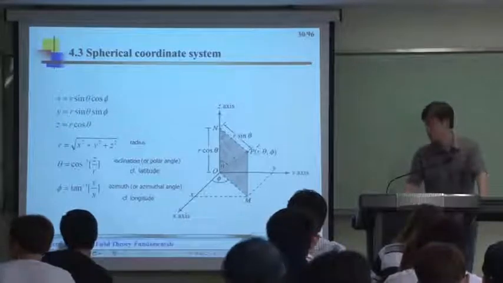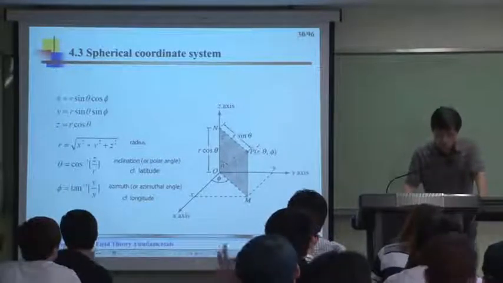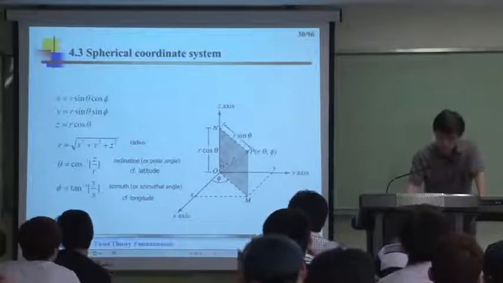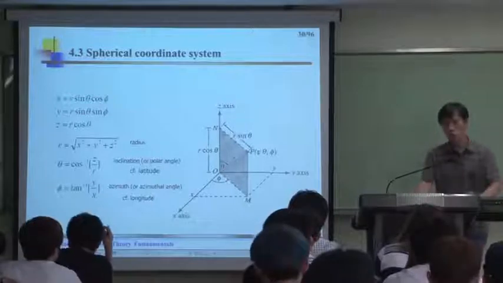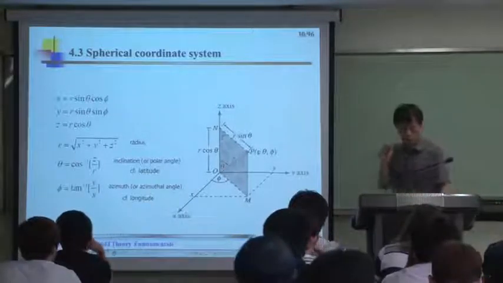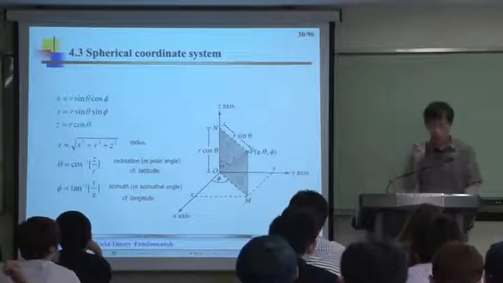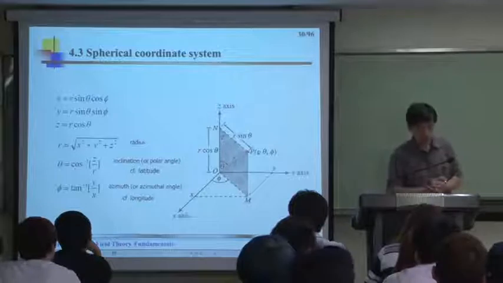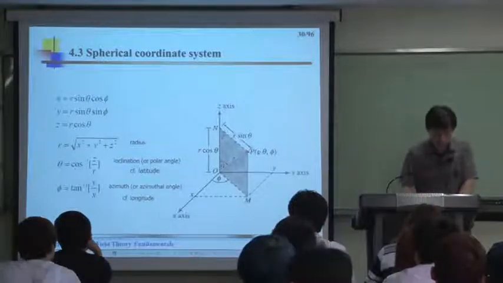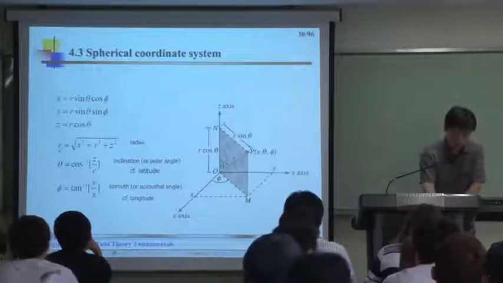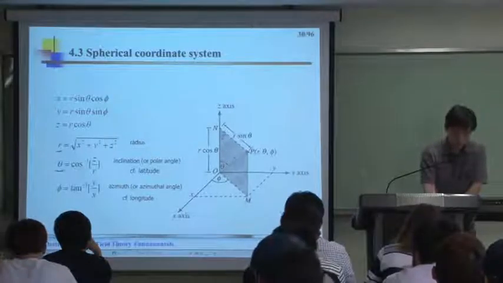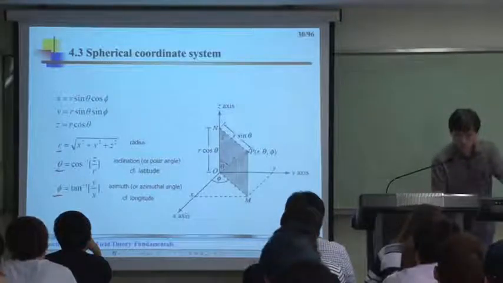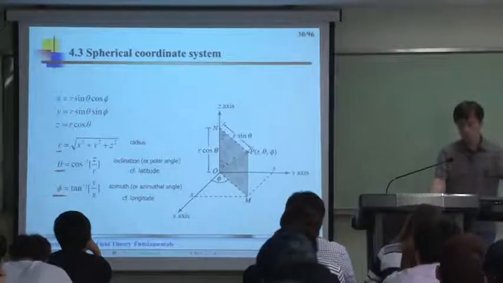last time we also studied a little bit on this system. In order to indicate the location of any arbitrary point in three-dimensional space, we can also use the spherical coordinate system. We already studied that it can be written by the radius, inclination angle, and azimuthal angle.